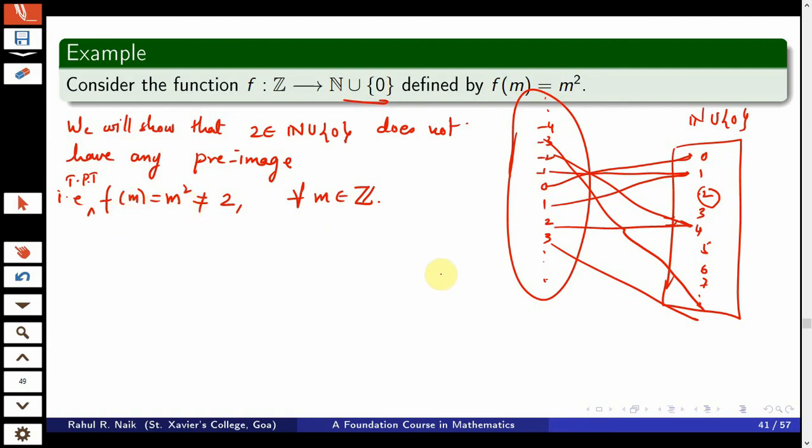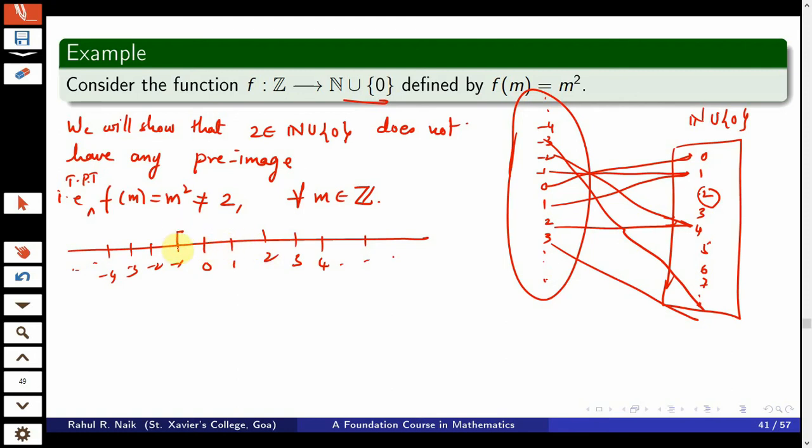How do I do that? I have an integer line, say 0, 1, 2, 3, 4, and on this side minus 1, minus 2, minus 3, minus 4, and this goes on. I will split the set of integers into two parts. I will do the partition.